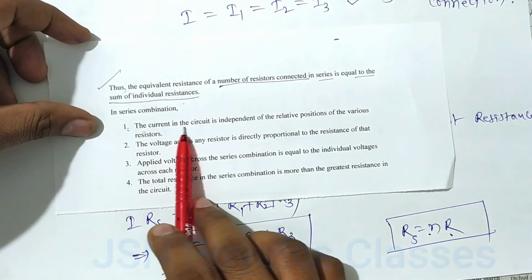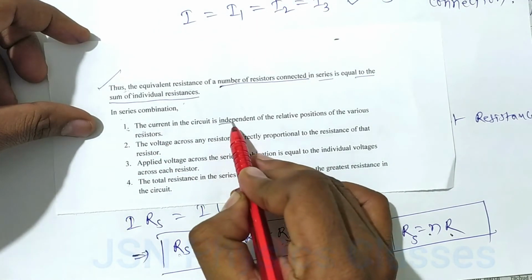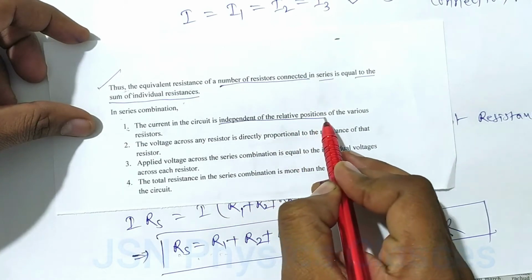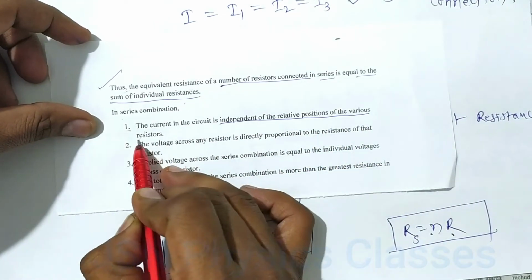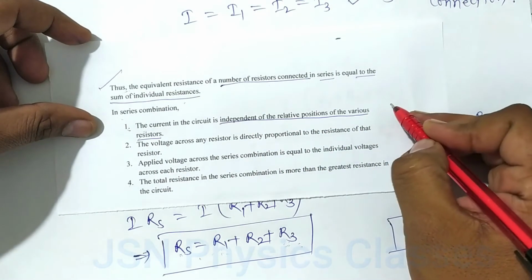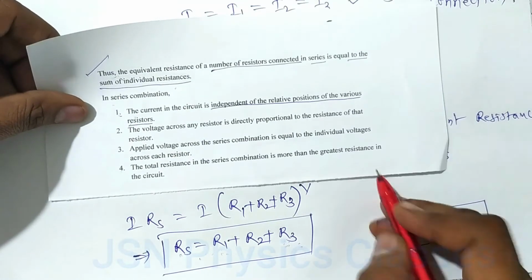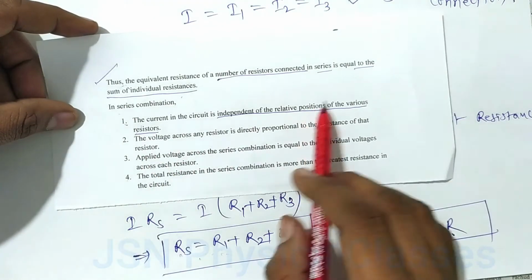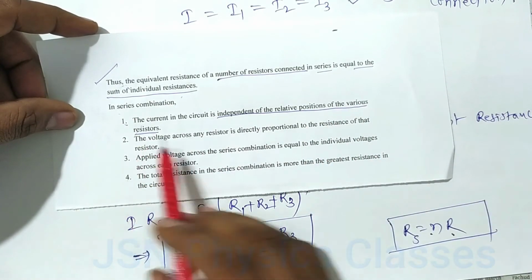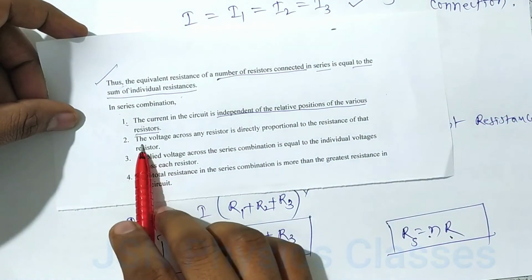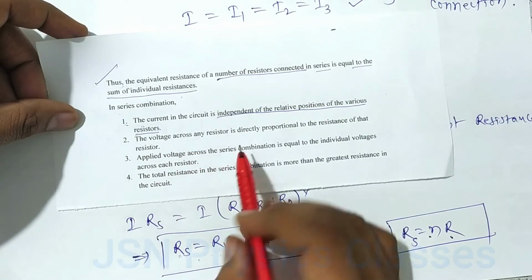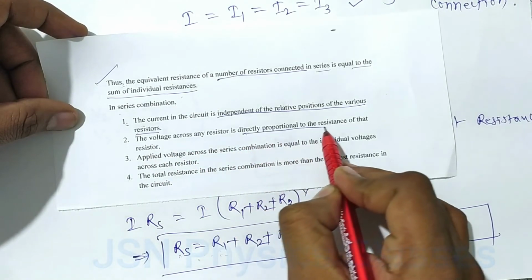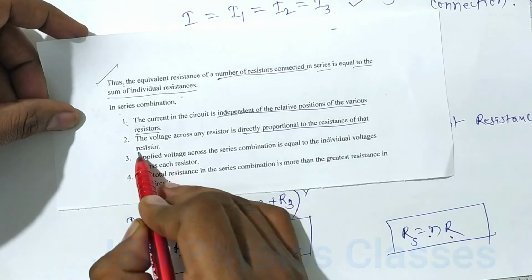So the current in the circuit is independent of the relative positions of various resistances. Independent means here I is constant. So in series combination I is constant, independent of the positions of the resistors. The second point is the voltage across any resistor is directly proportional to the resistance of that resistor.